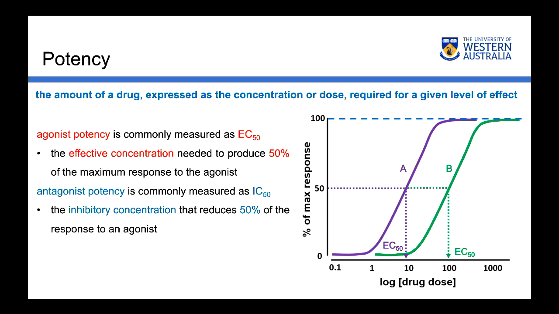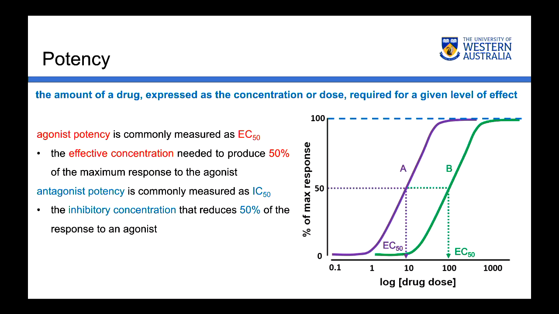A drug that has high potency has a small EC50 value. It's also true the other way around: if a drug has a small EC50 value, that means the drug has higher potency. That's how you can interpret these two curves.